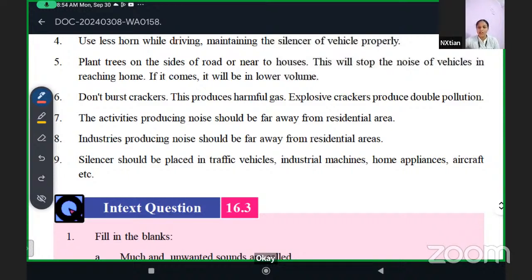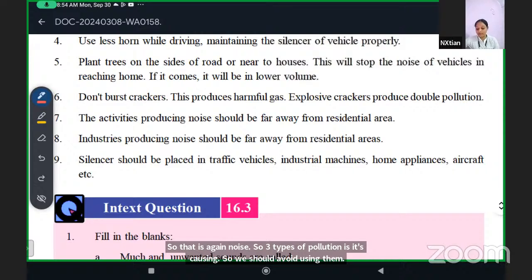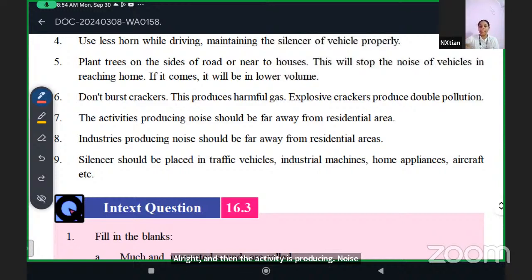All right. And then the activities producing noise should be far away from residential areas. That is the industrial area. The place where industries are should be far from the residential area where people are living. Because if from morning to evening there are industrial sounds and the sounds of machines, it will cause disturbance in people's living.